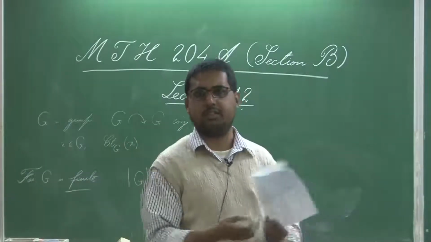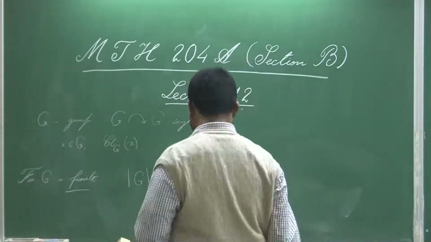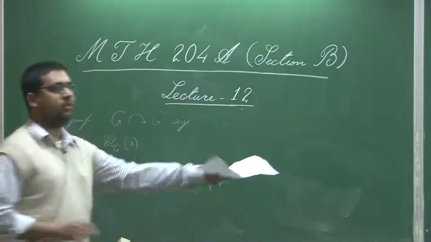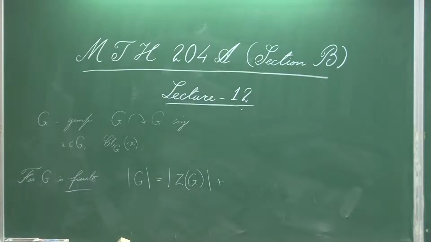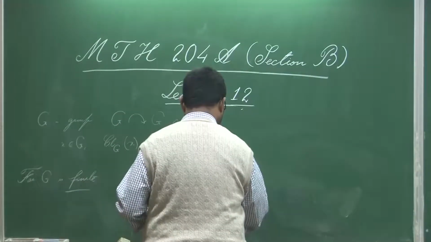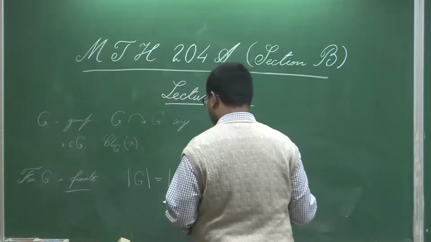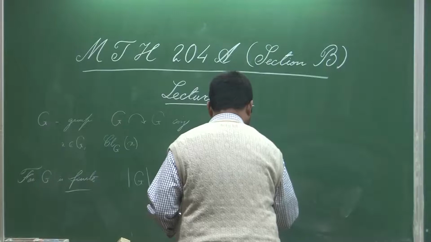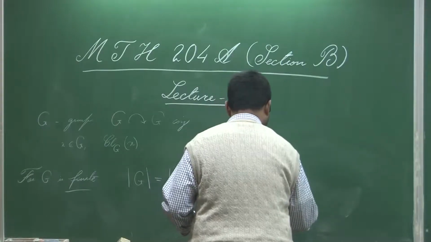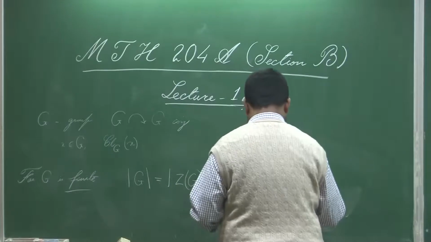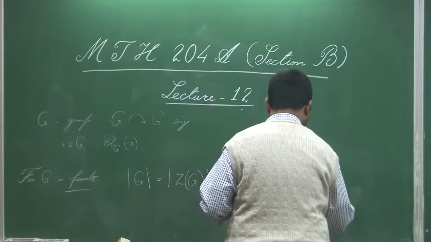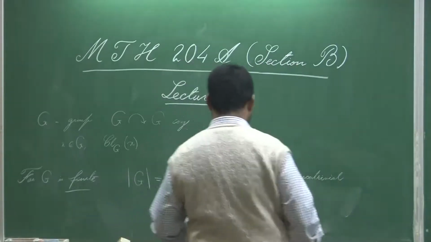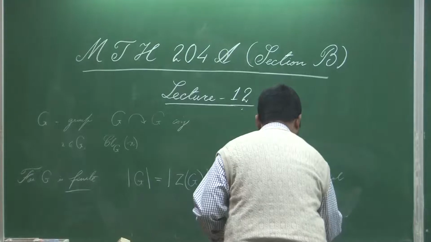Under the conjugation action, the fixed points are precisely the points in the center, plus the sum of the orders of the non-trivial orbits, that is, the orders of non-trivial conjugacy classes. In this situation, the class equation takes this form.